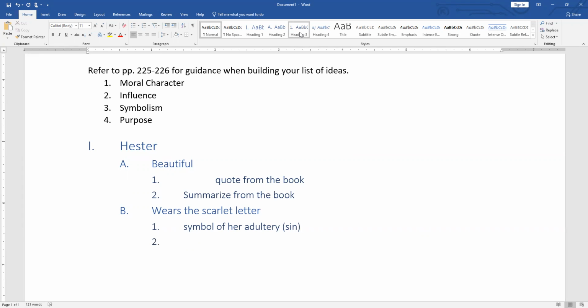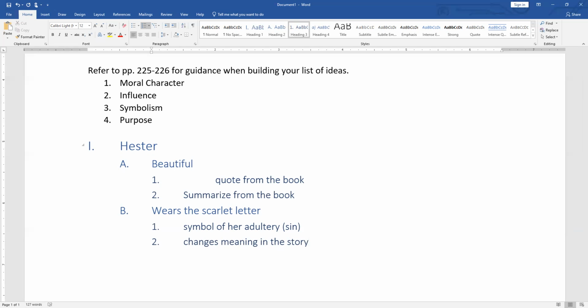And another is its meaning. It changes meaning in the story. Again, it's just a phrase.